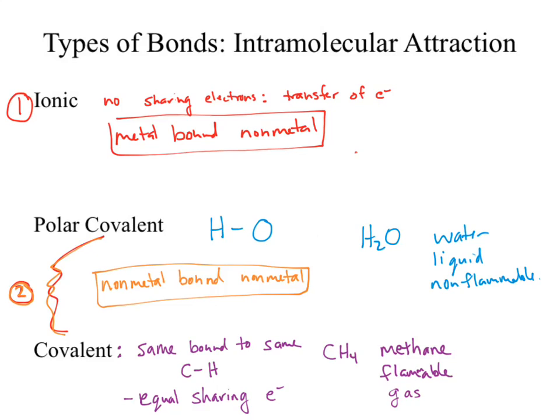What happens when we move to the polar covalent bond? Okay, so if we now look at our sharing of electron option, ionic said no sharing, covalent is equal sharing, polar covalent is floating somewhere in the middle. Unequal sharing of electrons. Which again takes us back to this silly having to memorize all of the electronegativities.